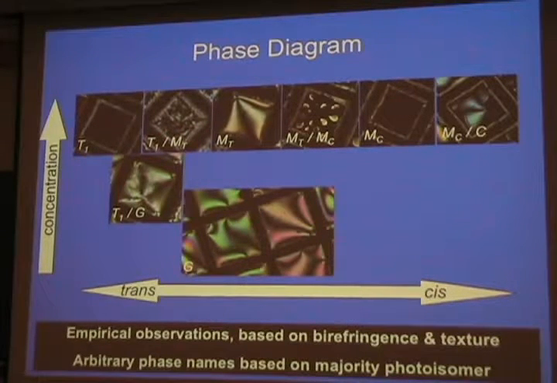And so at a constant temperature, we're able to identify several phases that we call T1. T stands for trans, and then we see this mixed M sub T phase, and then the M sub C phase, which also gives homeotropic anchoring. But it's not the same phase as this T1 phase.